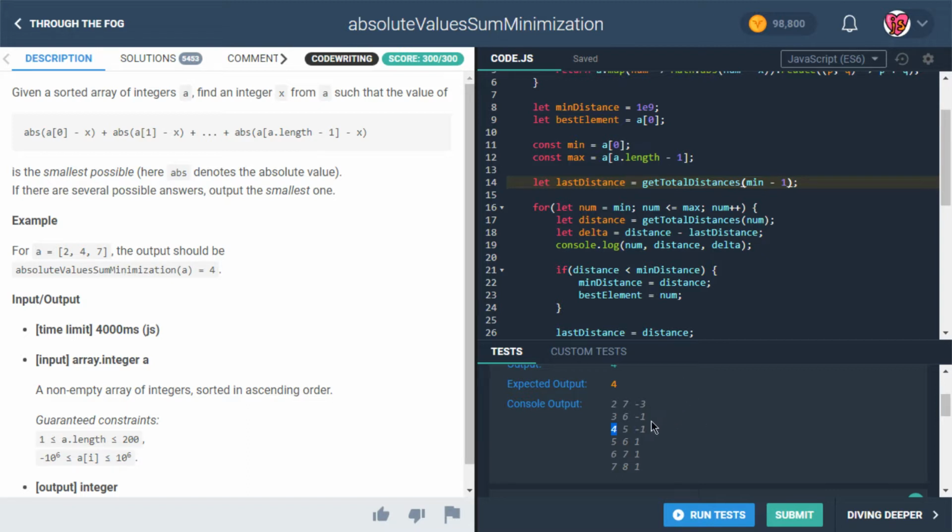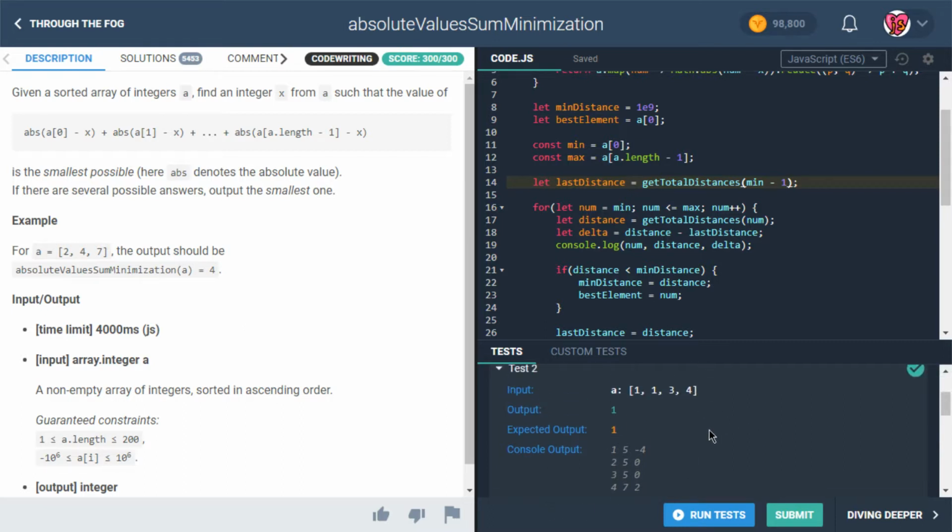Now, let's take a look at where those deltas are actually changing. It looks like after the 2, it changed. After the 4, it changed. And those are the only times here where it changed. If we look at this one over here, after the 1, it changed. Not after the 2, after the 3, it changed.